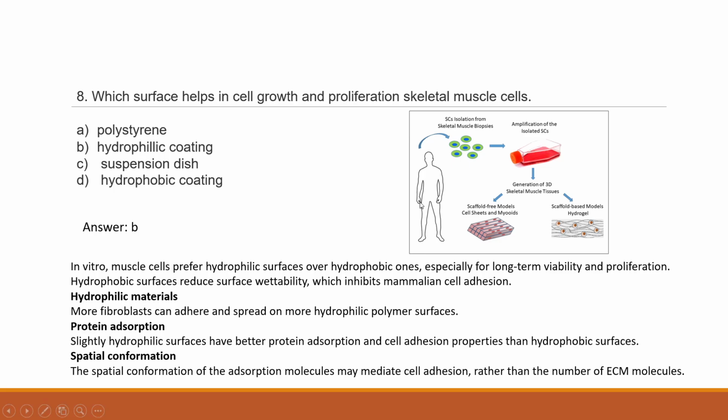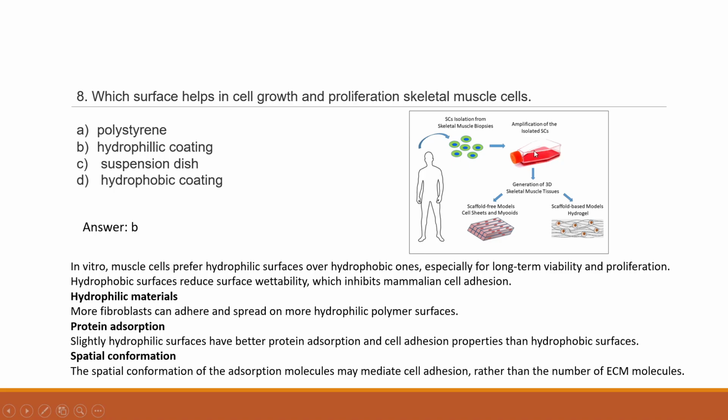Here in this picture you can see the skeletal SC isolation from skeletal muscle biopsies. The cells are isolated and then plated onto such dishes with some coating. Even if you don't coat, they will adhere, but the growth will be slow and they might not proliferate. That is the problem. So it's always better to coat.